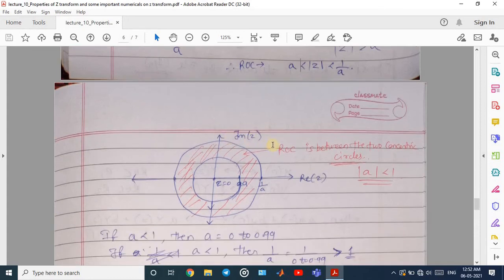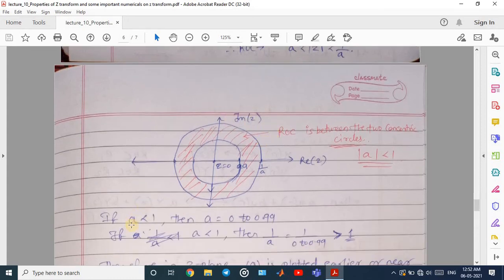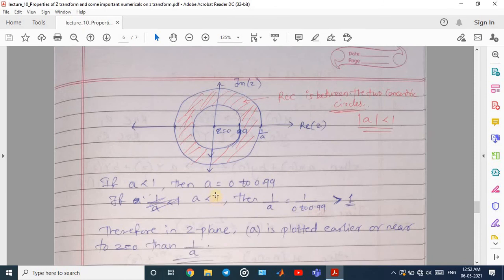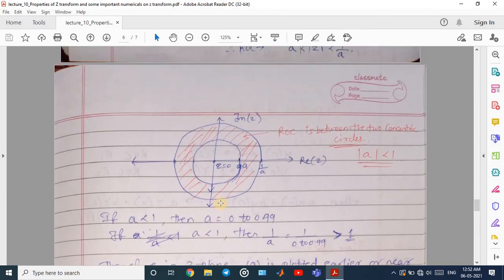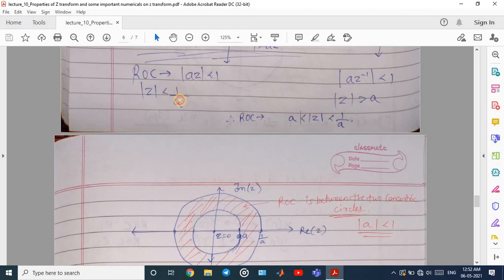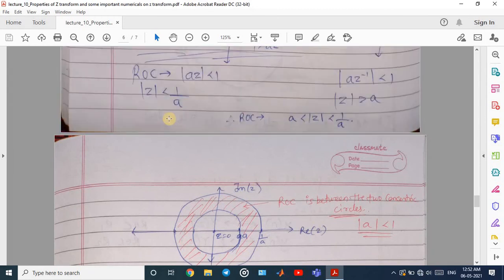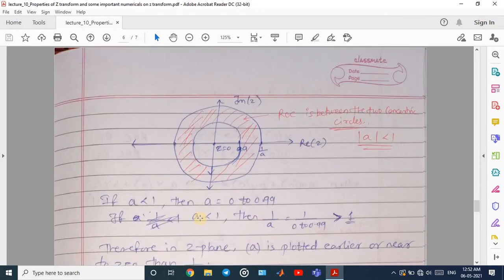Okay, so I have given here, a is less than 1. If a is less than 1, then in the second case, for example, we have taken 0.5, so 1 upon 0.5 will be 2, or 0.6 we have taken, 1 upon 0.6 will be about 1.67, so it will be greater than 1.